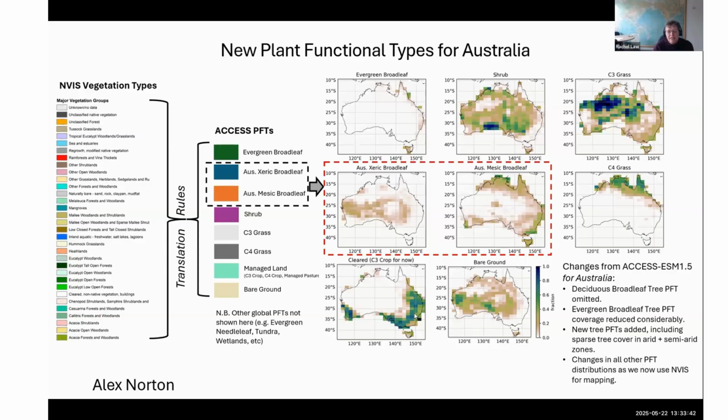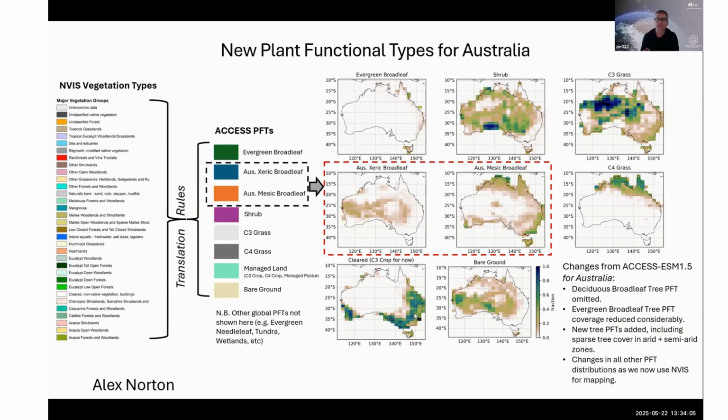So the fact that we go in and clear forests or whatever is potentially the bigger impact to capture in the model than the natural changes due to climate. And then there's all the other stuff we don't do, like irrigation and things.